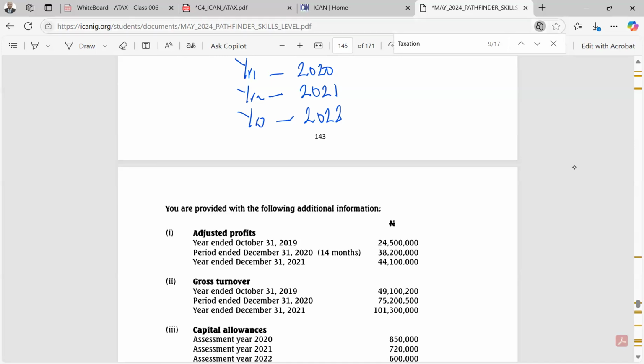So let's solve it in our blank book here.